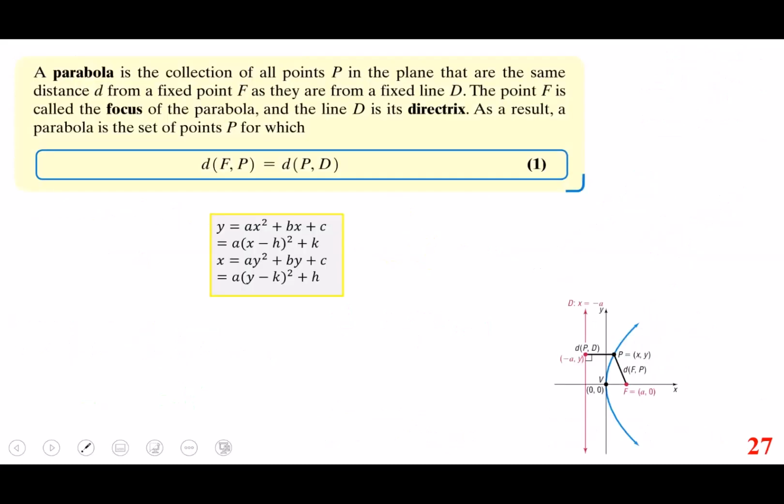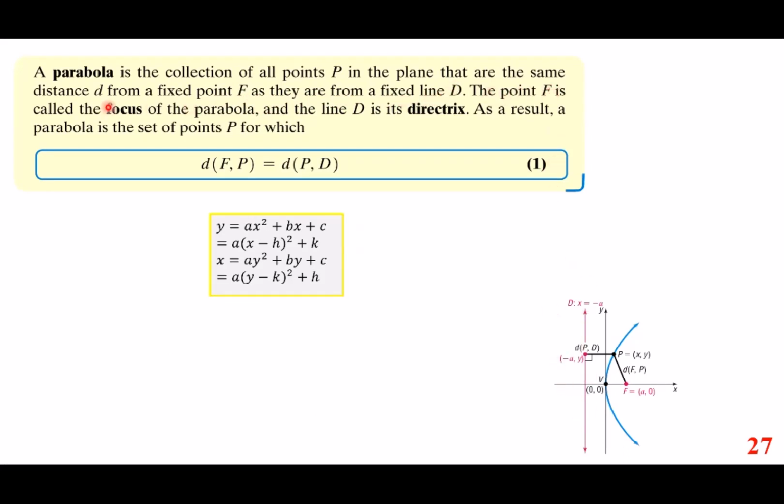What is a parabola? Let's define that. A parabola is the collection of all points P in the plane that are the same distance d from a fixed point as they are from a fixed line d.